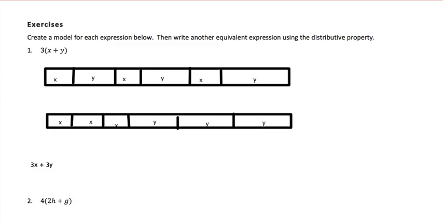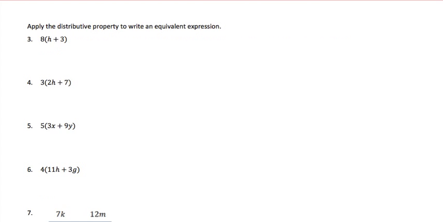And then your second exercise, what you should have is 8h plus 4g when you're finished. And then finally, we're going to use the distributive property to write equivalent expressions in 3 through 8.